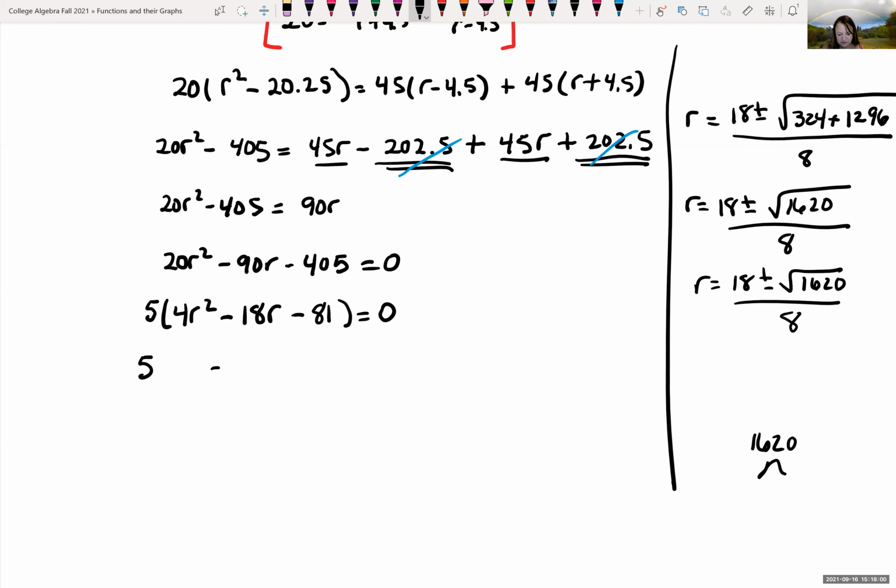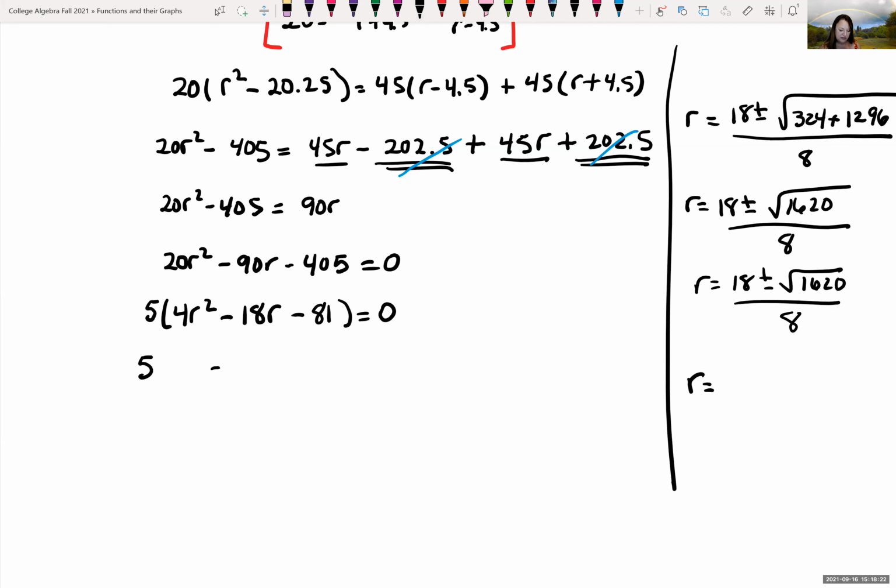I'm not sure how much. I mean, you guys, I took back and I said you could use a calculator. So let's just use a calculator. So let's do 18 plus the square root of 1,620 divided by 8.